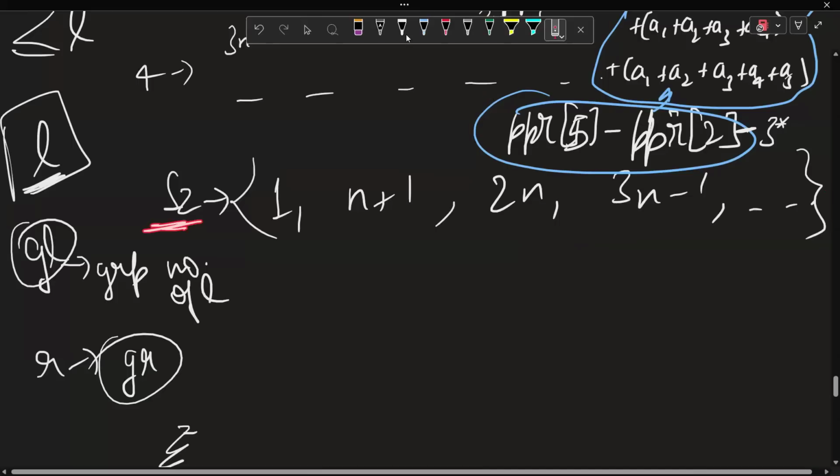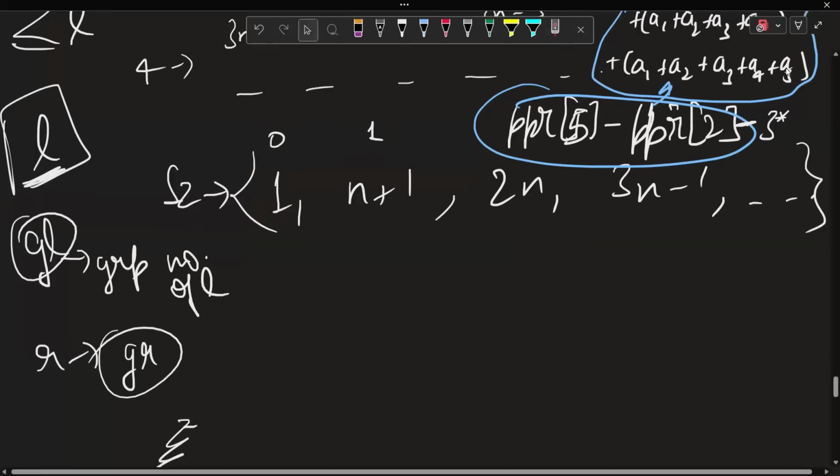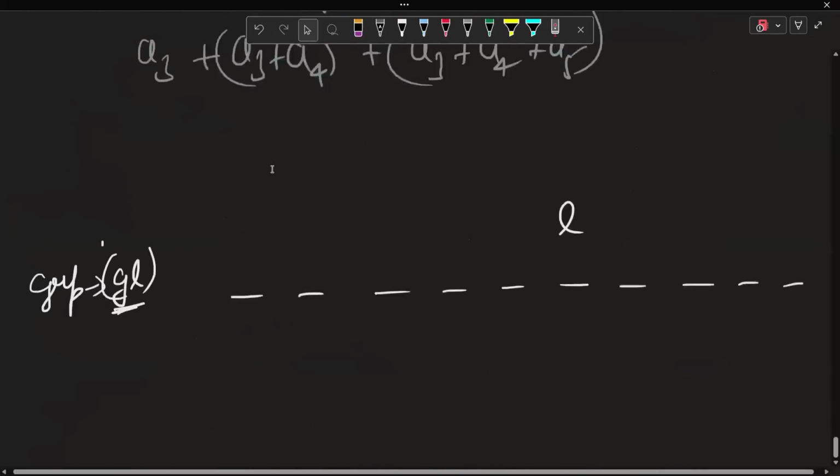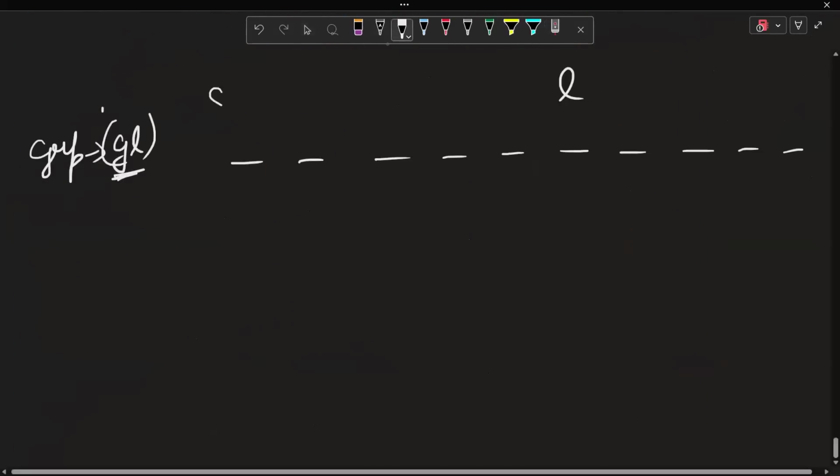If I'm at a group number GL, this is zero-based indexed, so group number 1 is at index 0, group number 2 is at index 1. So group number GL would be at index GL minus 1. So this index would be size of GL minus 1. This is the starting index of my group GL.